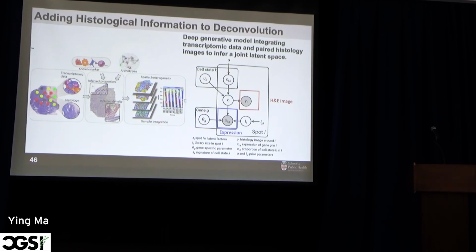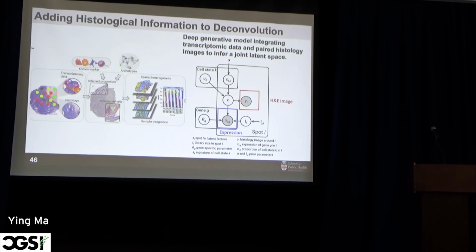So there was a method called Starfish. The key idea is to develop a deep generative model integrating the transcriptomics data and paired histology information to infer a joint latent space. Here, let's say Z_I represents spot I's latent factor, and this latent factor is determined by its cell type state.